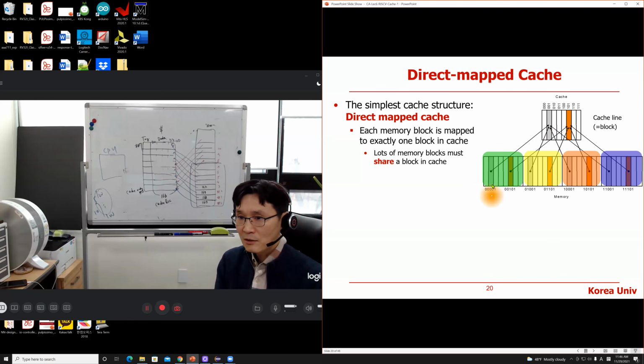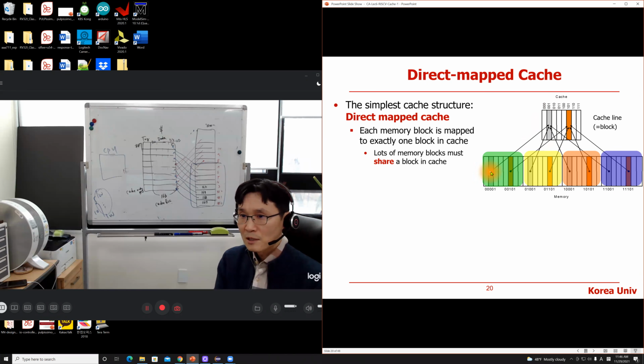The second memory block in the green chunk maps to the second cache entry. Same thing goes for the yellow chunk: the first memory block in the yellow chunk maps to the first cache entry.